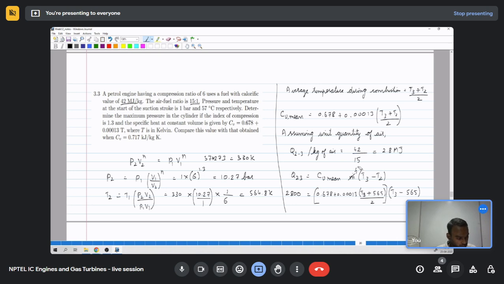Actually we should have this m total because the heat is supplied by the fuel, so that is for 1 kg of air 1 by 15 kg of fuel is supplied, right?